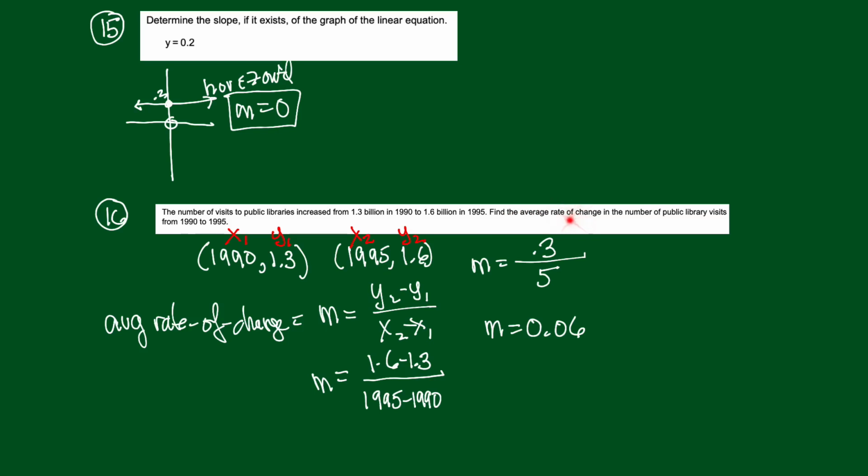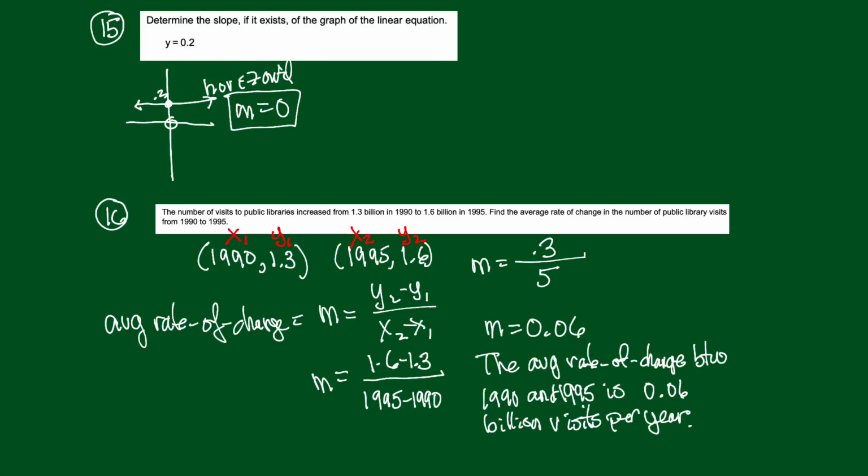I'm going to write it as a sentence. I've got this slope, but that's not what we're asked for. We're not asked for the slope. We're using the slope to get the average rate of change. The question is, what's the average rate of change? So I'll answer it. The average rate of change between 1990 and 1995 is 0.06 billion visits per year.